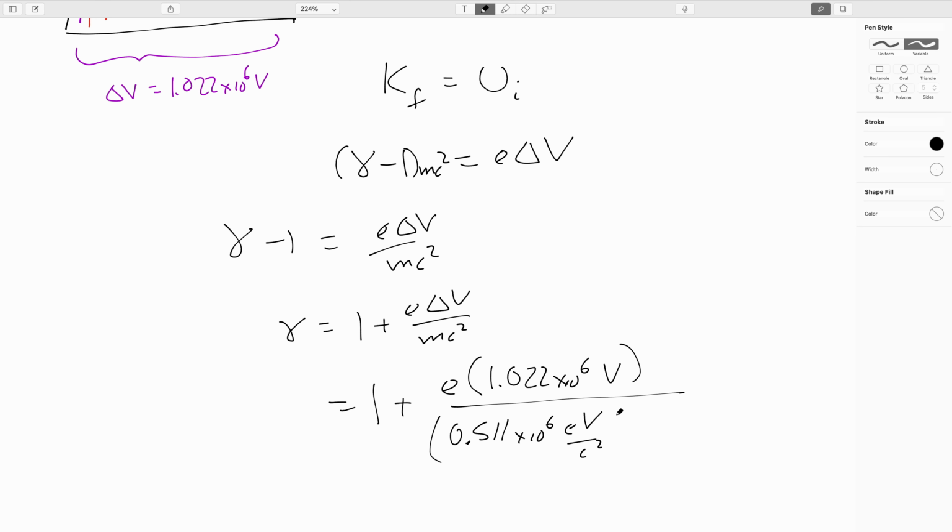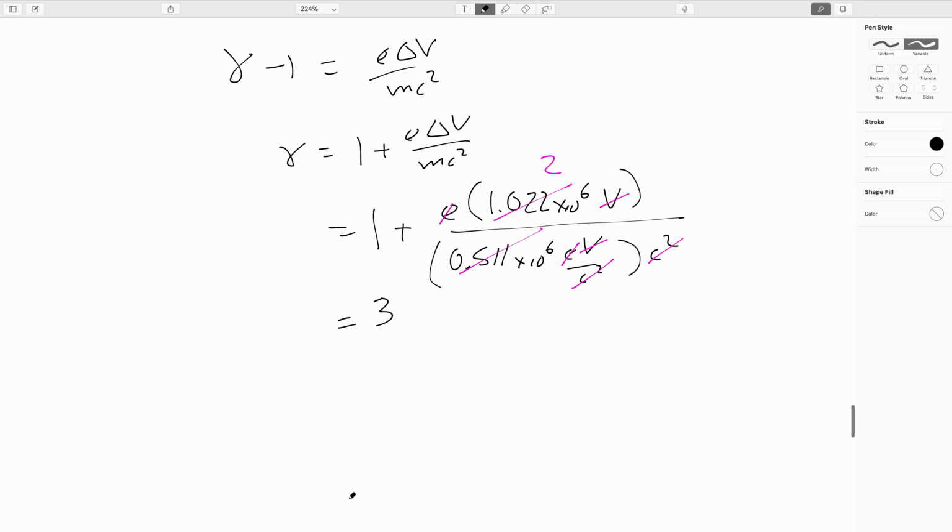And then we're going to take that and multiply it by c squared. All right, so the c squareds cancel. This e and that e cancel, and the volts cancel. And then this is exactly 2 times that, which is why I picked the number to be that. And 1 plus 2 is 3. So we get that gamma is 3.